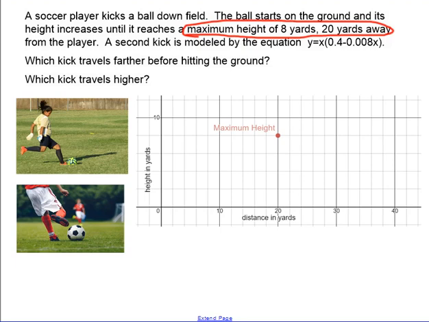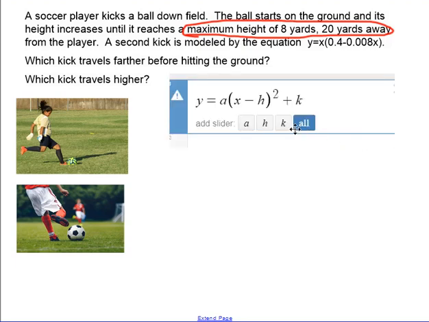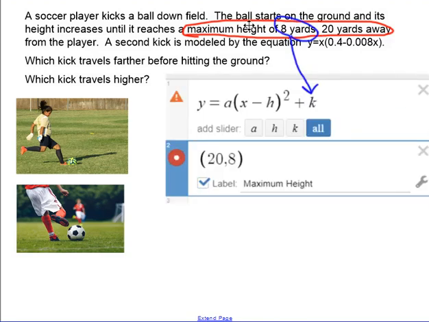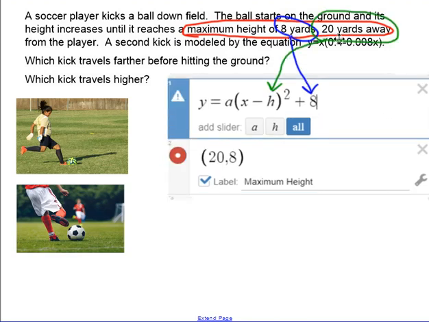Okay, I can type in y equals a times the quantity x minus h squared plus k, and I could use sliders, except I know that my maximum height, 8 yards, is my k value, and I also know that my 20 yards away is my h value.